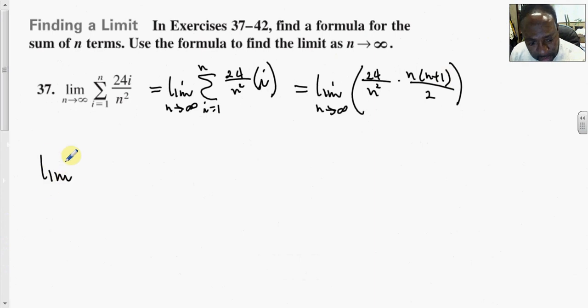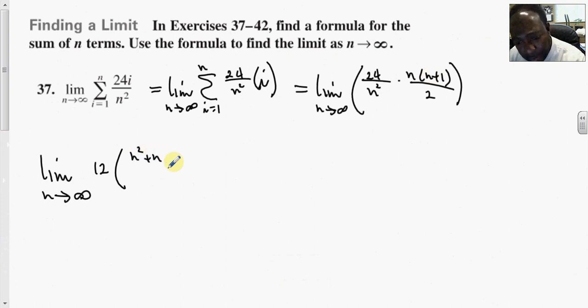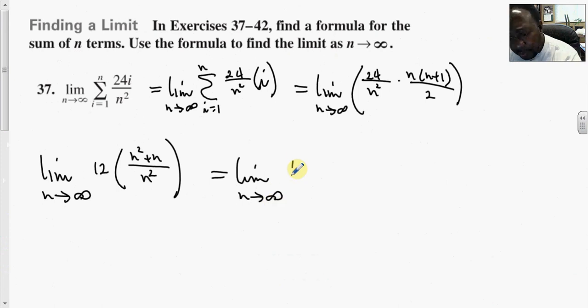So no more summation. This is, yes, the limit as n goes to infinity. Now 24 divided by 2 is just 12, and here we have n squared plus n, and that's all over n squared. And you can simplify that. It's the limit as n goes to infinity of 12 times 1 plus 1 over n.